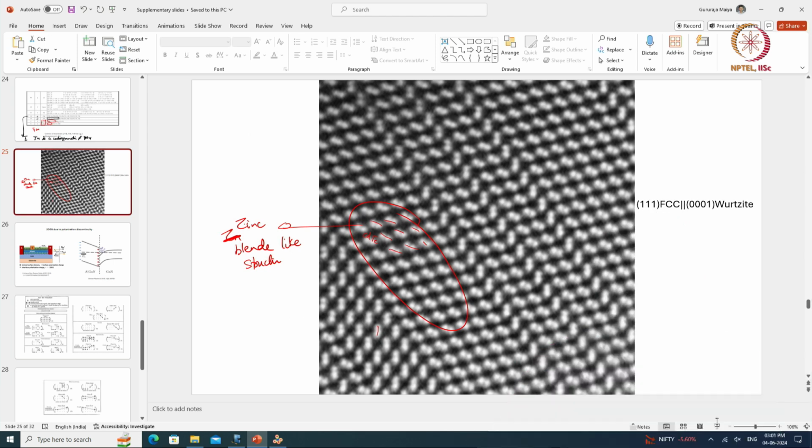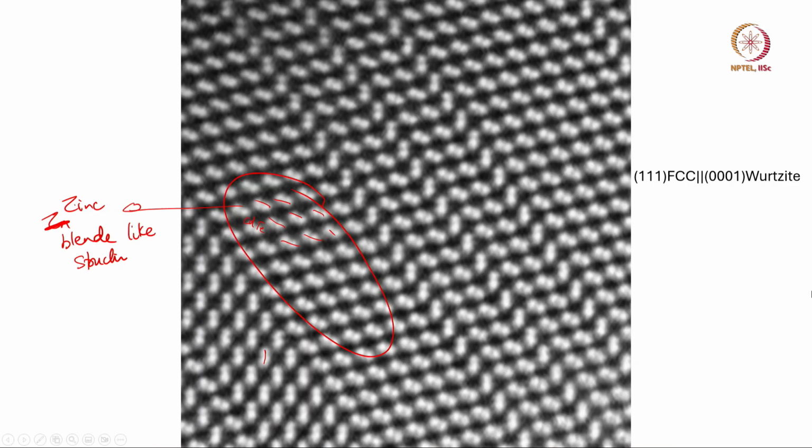So, I was showing you this image of cadmium telluride, which was grown as nanowires of cadmium telluride using a process called vapor liquid solid process, but the exact details of the process are not very important here.